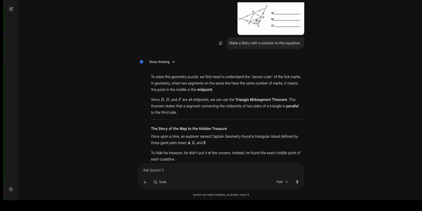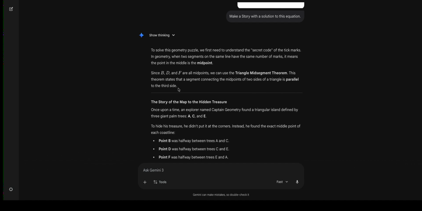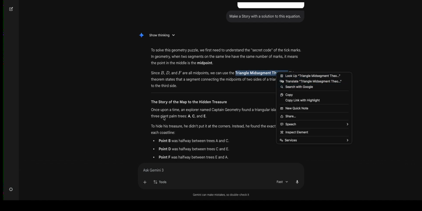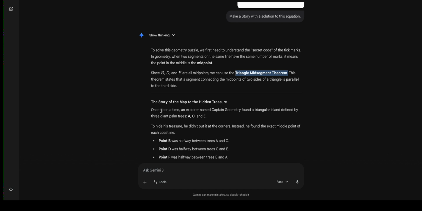And then this side right here is parallel to this side down here, A and E, and it is half the distance. So with that in mind, I learned that from this triangle midsegment, and all I did is I highlighted it like this, and then I asked it to go look at it in Google, and so I Google searched that and came up with a video.